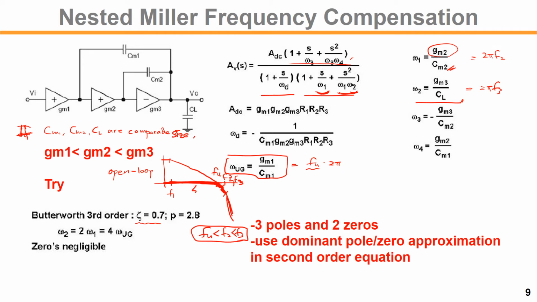This is the closed loop characteristic. If you have a large enough damping factor, you will have it like this. But if you don't have enough damping factor, then you will have a peaking like this around the FU. To avoid this peaking caused by lack of phase margin, PM is not enough.